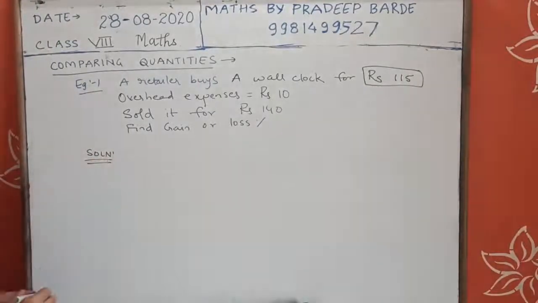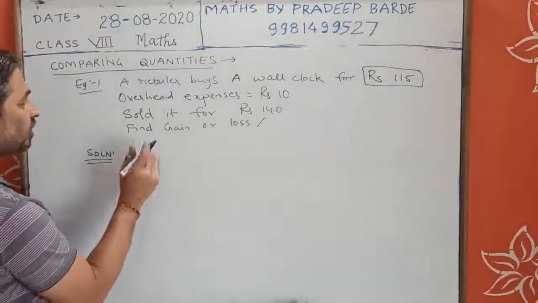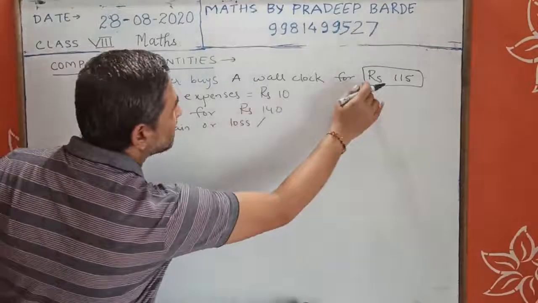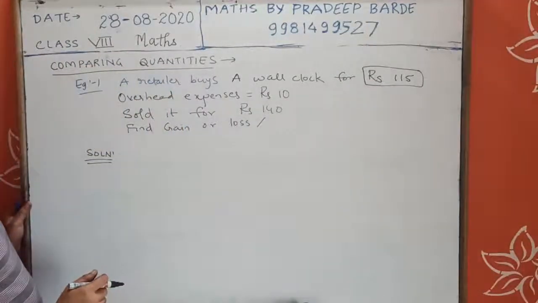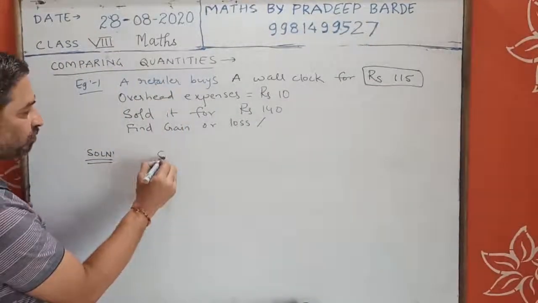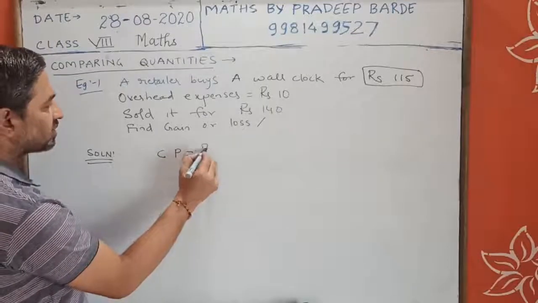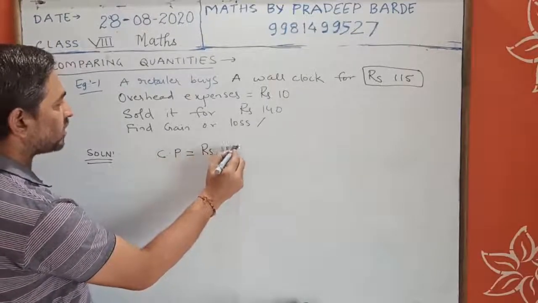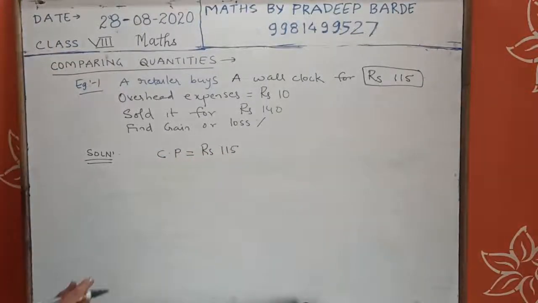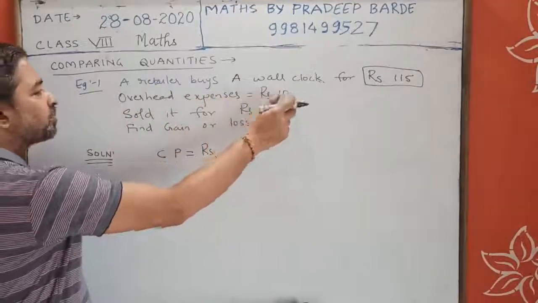So let's see, in this, the first step we see bought for rupees 115. Cost price is rupees 115. Overhead expenses rupees 10.